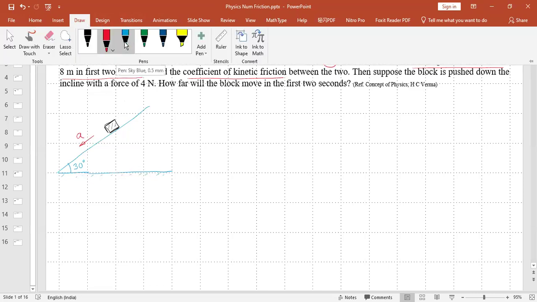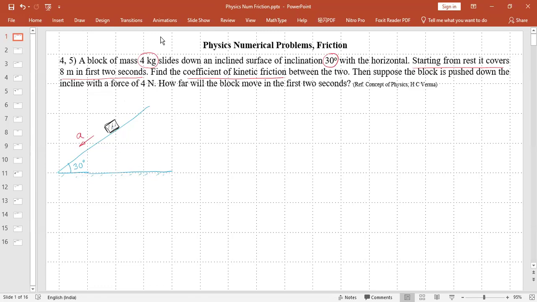For this kind of a problem, rather this is true for the entire chapter of friction, we have to first find out the component of forces. Component of gravitational attraction is mg, which acts vertically down. Now, find two components of mg, one perpendicular to the plane, another parallel to the plane.